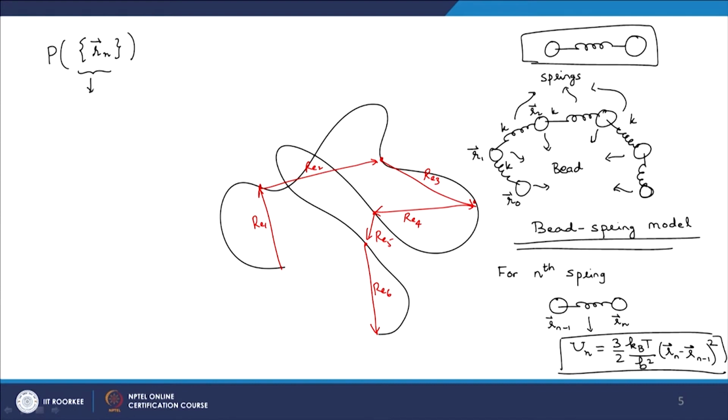What essentially it means is basically all the positions R0, R1 to Rm, and this will then be a product of the individual probability densities for each of the springs. Okay. So, each spring now is a Gaussian spring. For each spring we can associate a probability density, and so at any given moment the probability density for the entire chain will be a product of the probability densities of the individual segments.